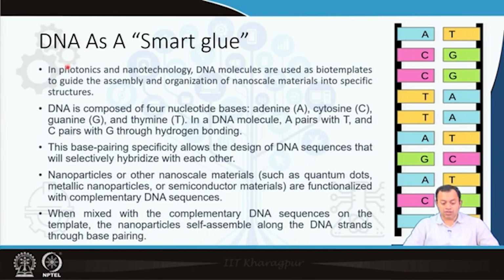So, as I was mentioning, in photonics as well as in nanotechnology, DNA molecules are used as biotemplates to guide the assembly and organization of nanoscale materials into specific structure. You know that DNA has 4 nucleotide bases, A, C, T, G, and they are all paired, A with respect to C and G with respect to T. So, if you have C here, you almost always able to say the complementary pair being G. On the other hand, if there is T here, you know that the complementary pair will be A. There is no other process, there is no other way.